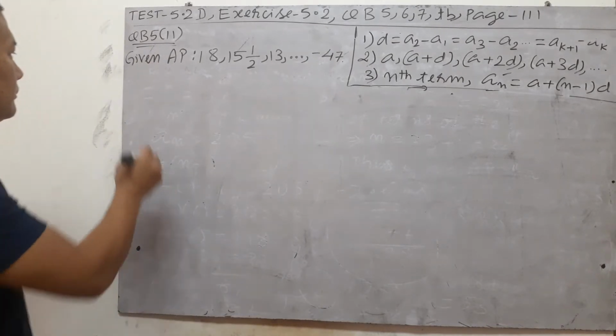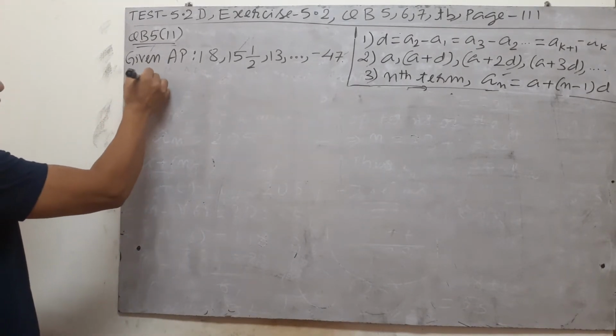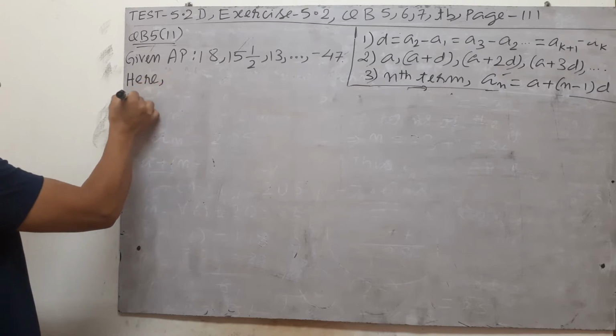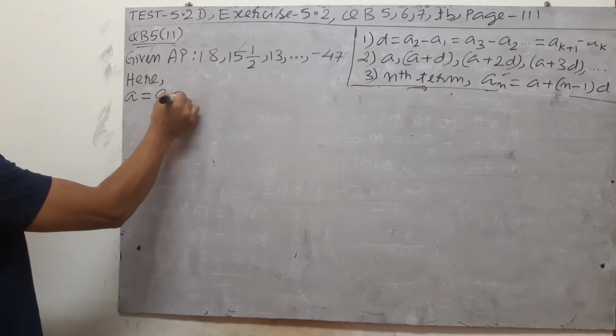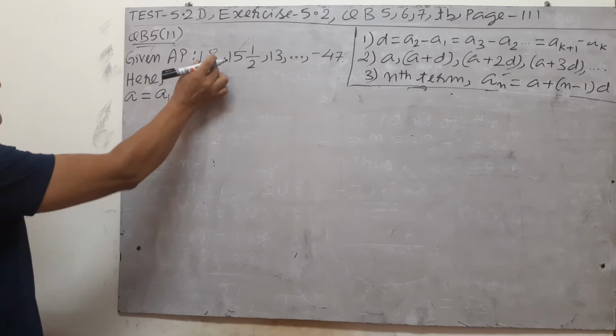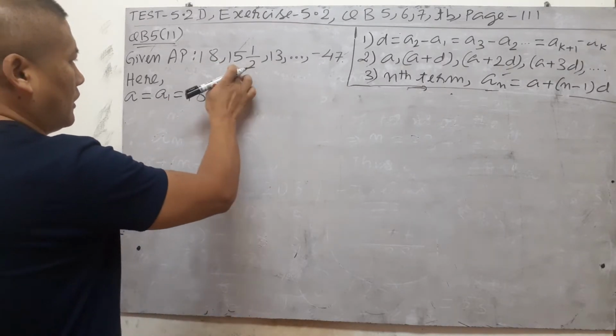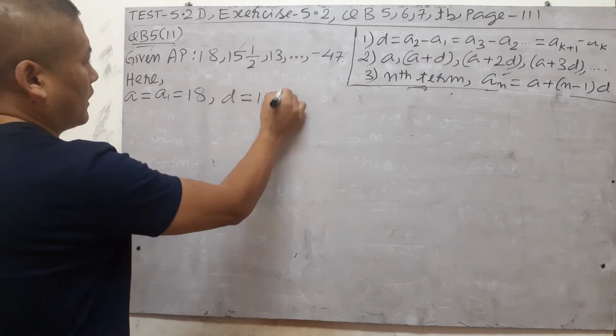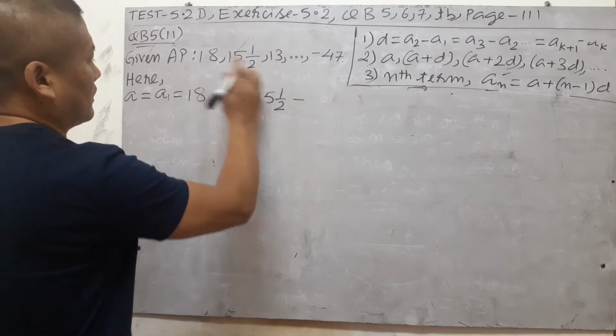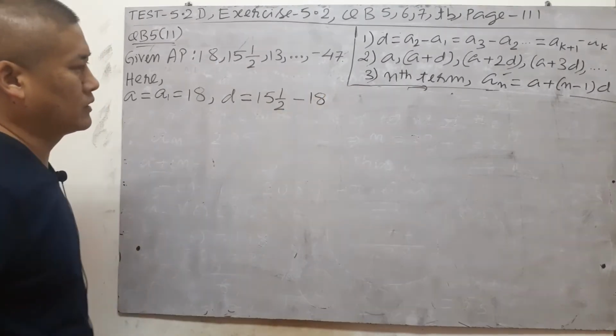So here, like we did just now, same method. First term A or A1 is clearly 18, as you can see. And the common difference is always A2 minus A1. So 15 and a half minus 18. We need to solve this.